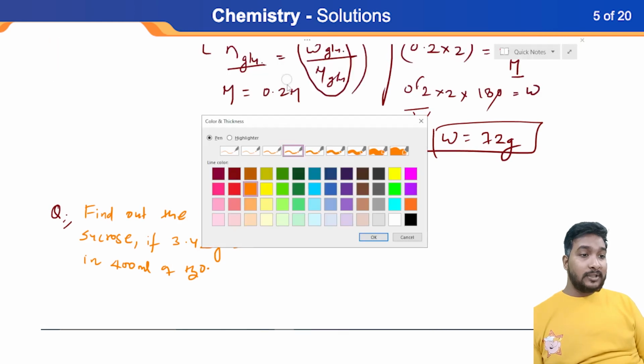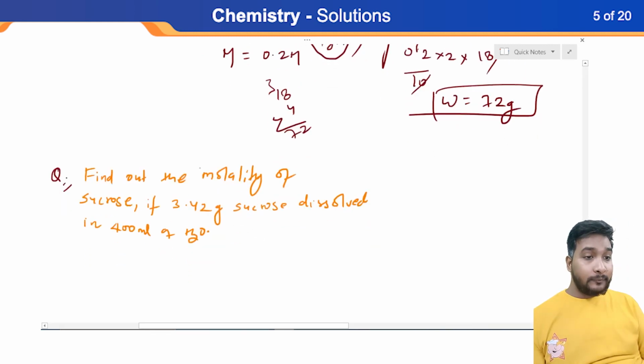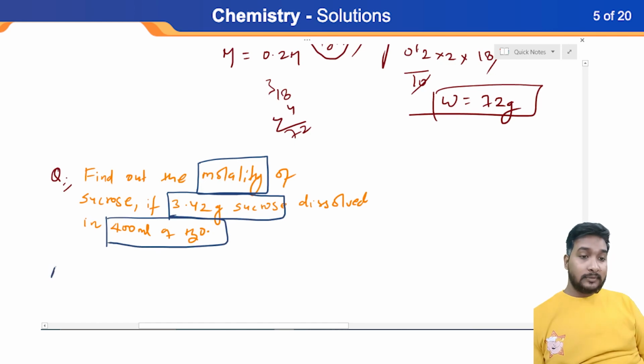So I hope you have solved the question. Now let me solve this for you. According to this question, I have to find the molality, not molarity, molality, and I have the weight of sucrose, and I have the volume of H2O also.